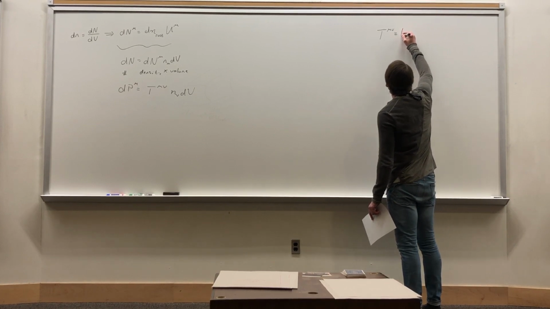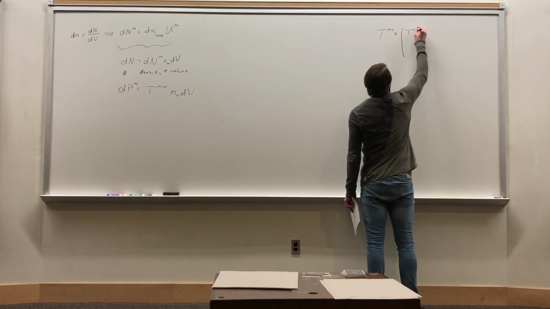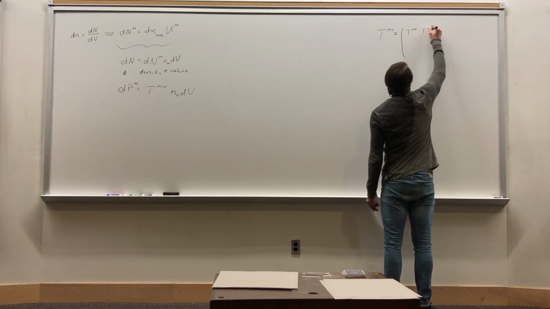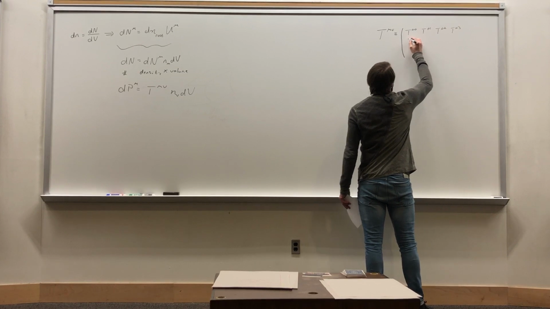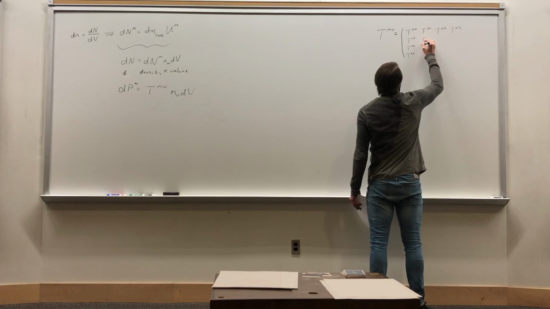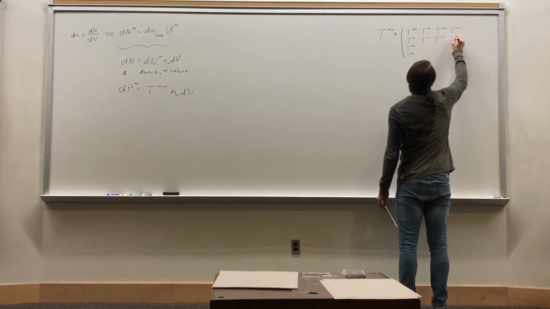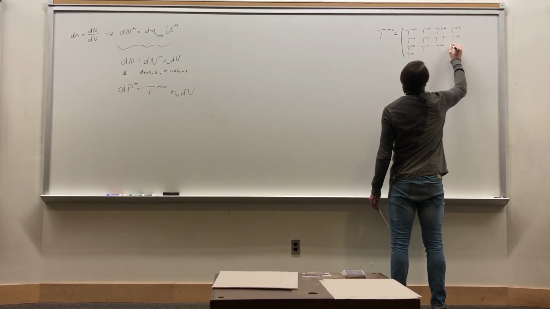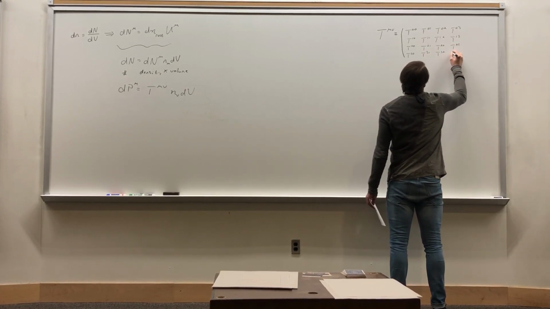Okay, so what I'm going to do now is draw something that's painfully obvious. I'm going to just label every element of this. So there's T00, T01, T02, T03, T10, T20, T30, T11, T12, T13, T21, T22, T23, T31, T32, T33.